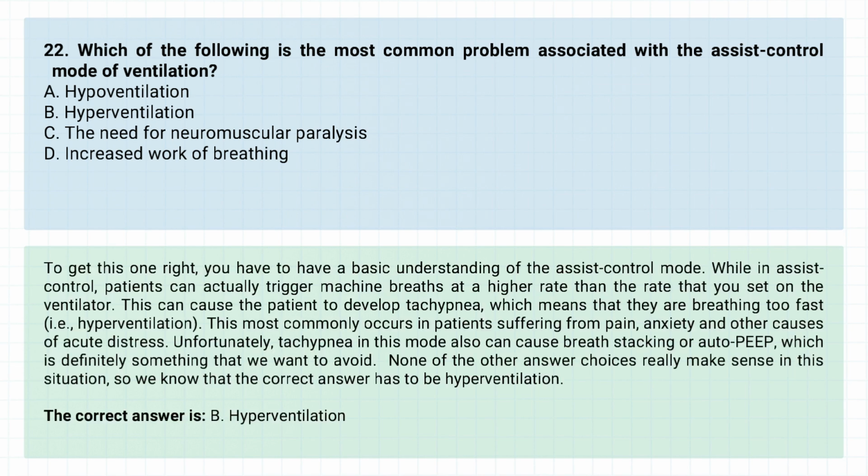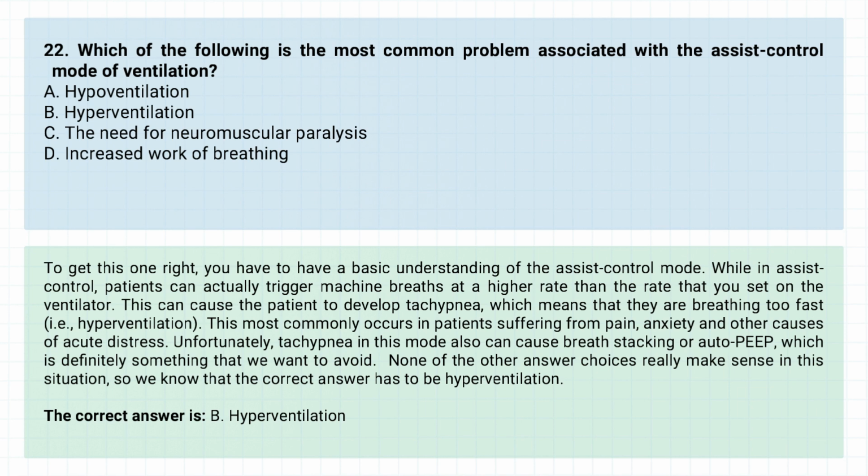Hyperventilation. To get this one right, you have to have a basic understanding of the assist control mode. While in assist control, patients can actually trigger machine breaths at a higher rate than the rate that you set on the ventilator. This can cause the patient to develop tachypnea, which means that they are breathing too fast, aka hyperventilation.